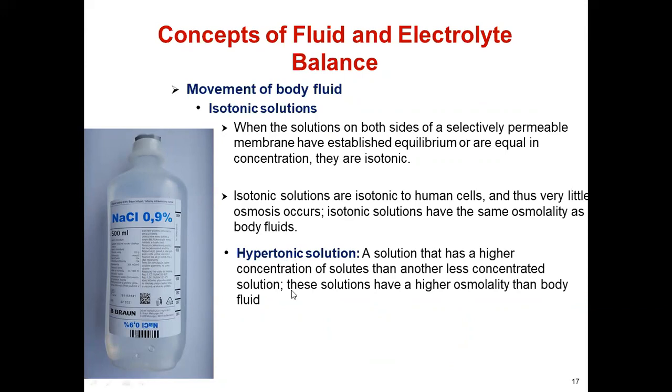And hypertonic solution will cause the water to move out of the cell and cause the cell to shrink. Let me read it. A solution that has a higher concentration of solute than another, less concentrated solution. This solution has a higher osmolarity than the body fluid.